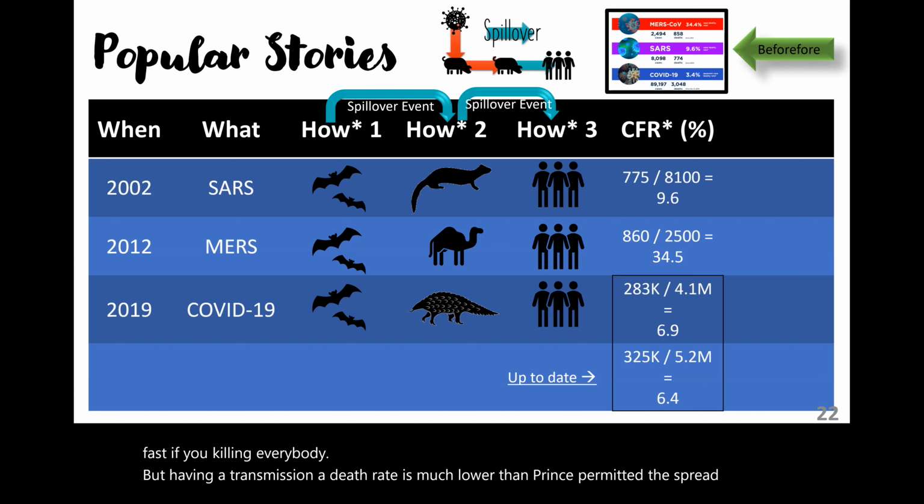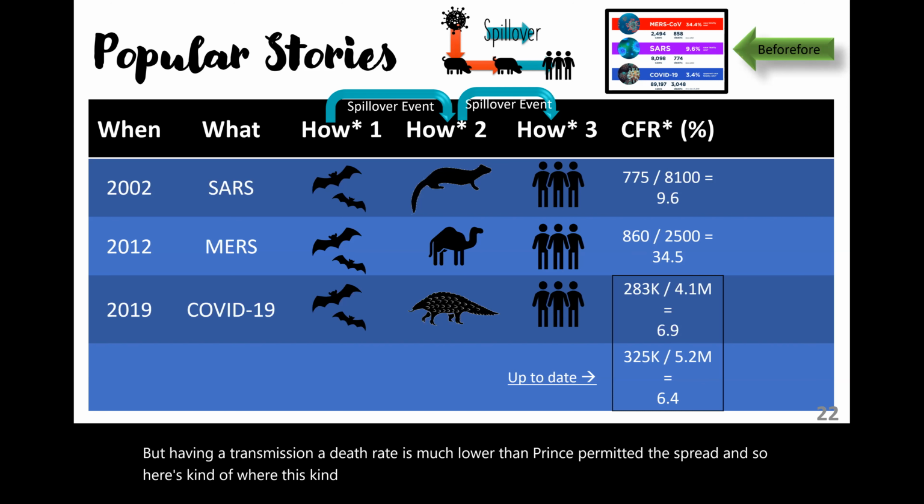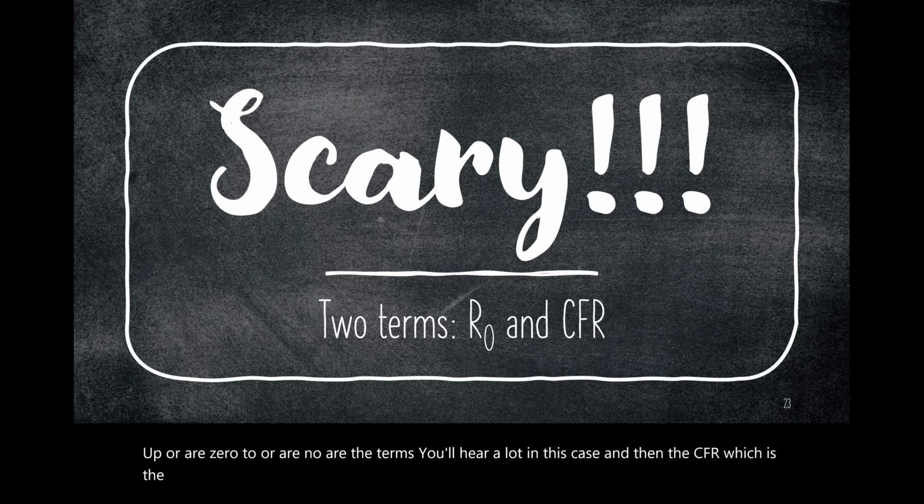And so here's where this disinformation aspect kicks in. A lot of what the media currently reports is largely based on 2 factors. You'll hear the term R naught, or R zero, or R null, a lot in this case. And then the CFR, which is the one we just mentioned, the case fatality ratio.